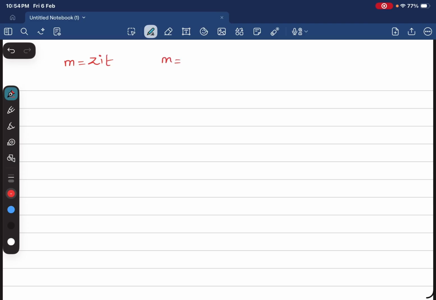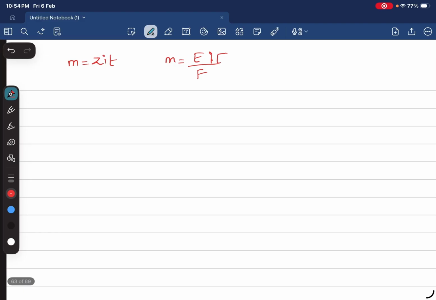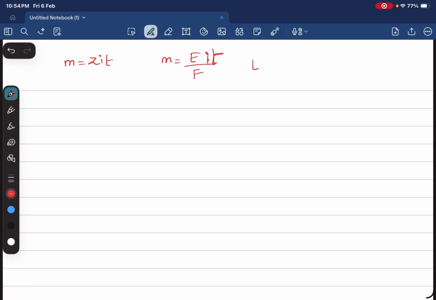So M equals E by F into IT, where E equals molecular mass by N factor, or oxidation state, or valency factor, different ways of representation.